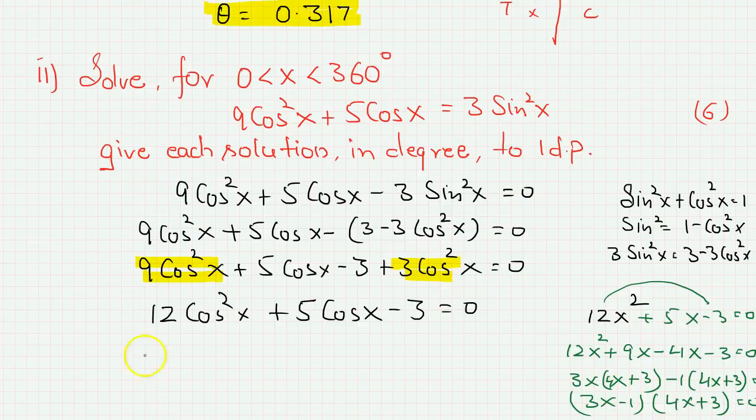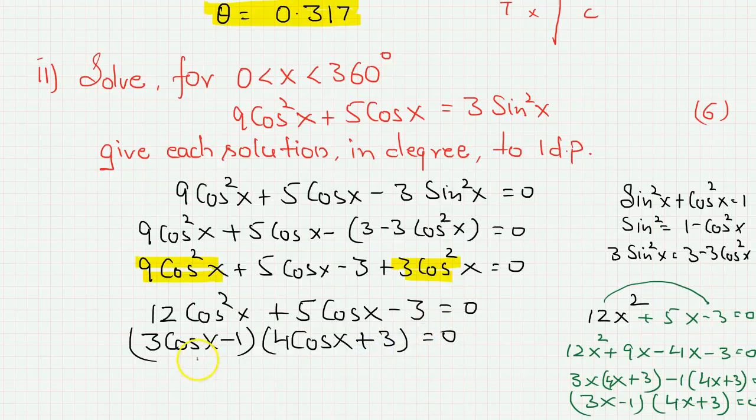Now x is a cos, so we can write this equation as 3 cos x minus 1 and 4 cos x plus 3 is equal to 0.